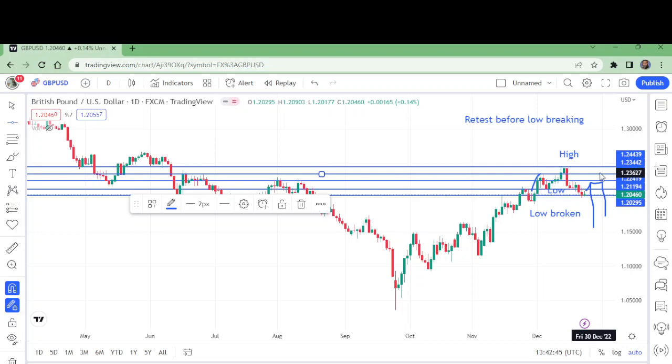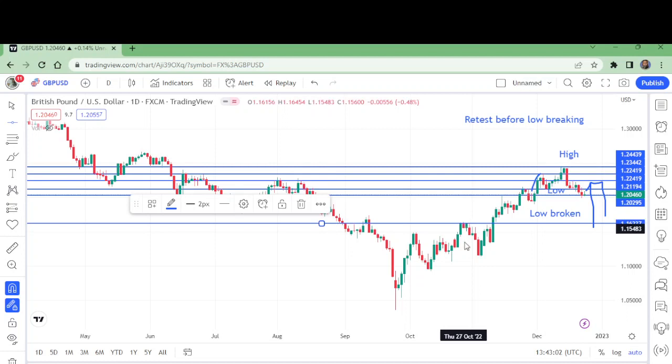This will be the entry, this will be the stop loss, and for the TP, I think this is the best support for TP. If anyone wants to take profit earlier, then this level is also good for TP. This is also good for TP.